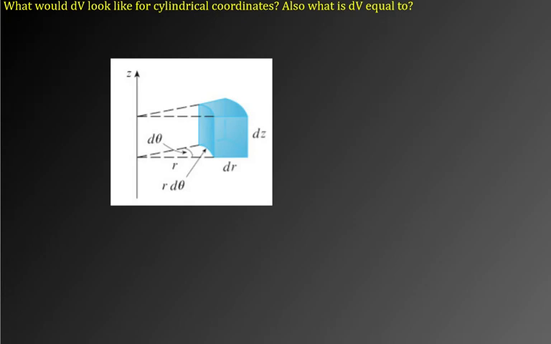All right, so for our purposes, probably the most important thing is that we understand what dV is going to look like, and also what it's equal to. The idea is that we're going to run into things where the thing we're integrating over for a triple integral looks cylindrical, and so we need to have a handle on what dV is for this.